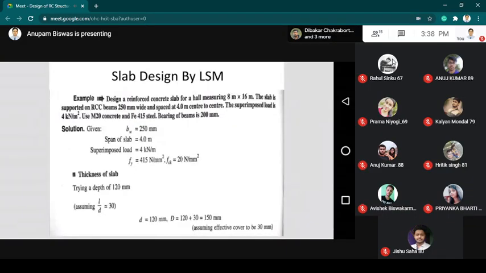So this is the condition for a continuous slab. When this center to center term comes, you have to understand that it is the condition for a continuous slab, because the beam is supporting the slab at a particular distance.